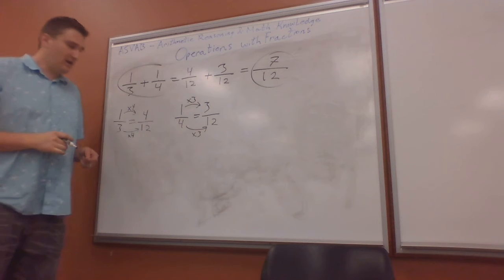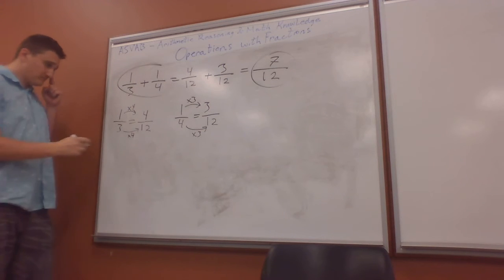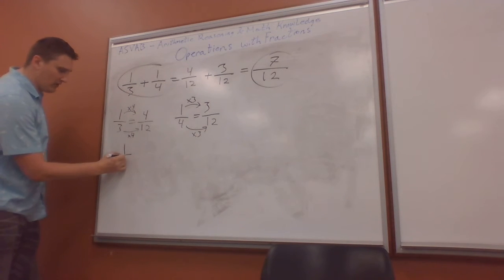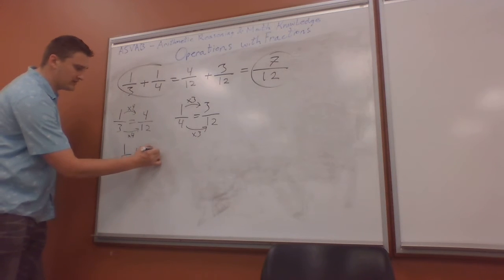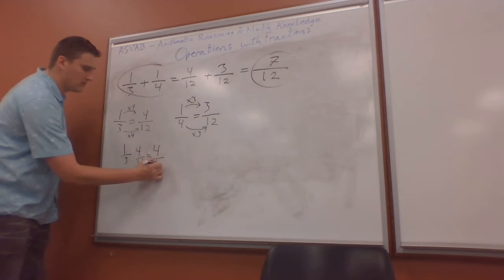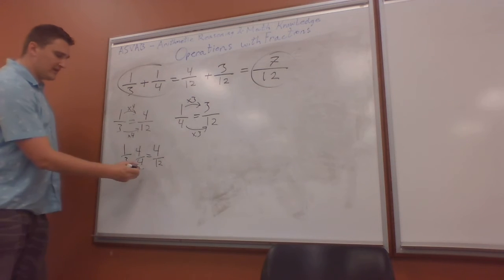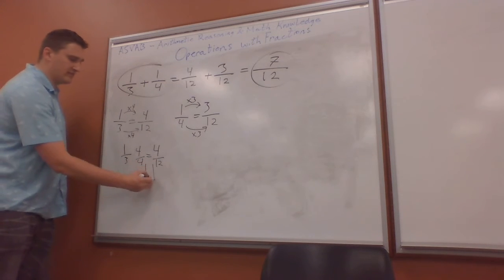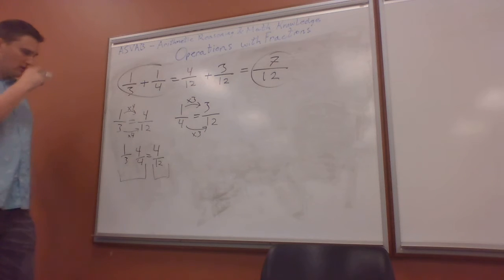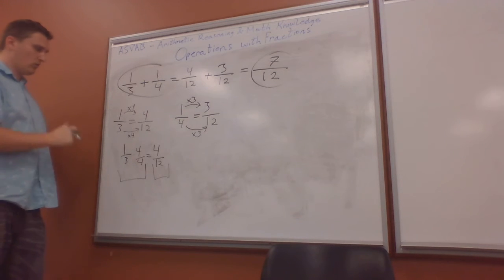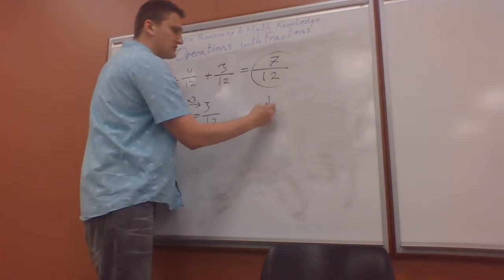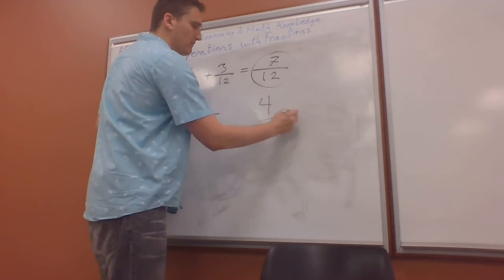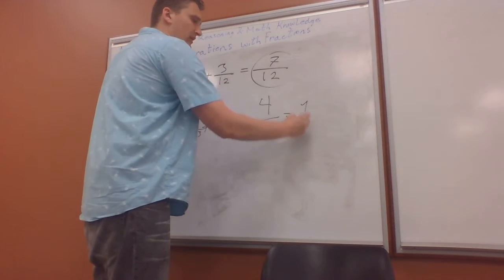Now here's why I was able to do what I just did. I essentially went 1/3 times 4/4 to get 4 12ths. Now, why is this side equal to this side? Well, what is 4/4? What's 4 divided by 4? 4 divided by 4 is just 1.